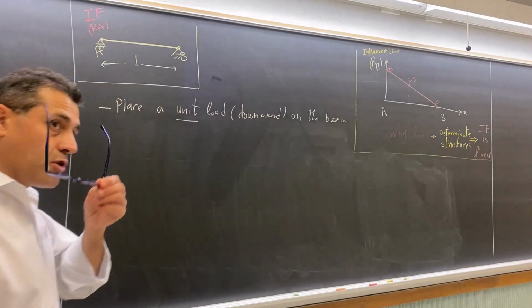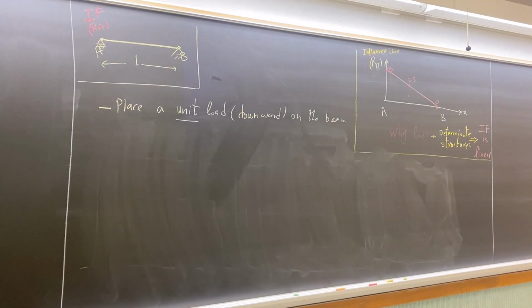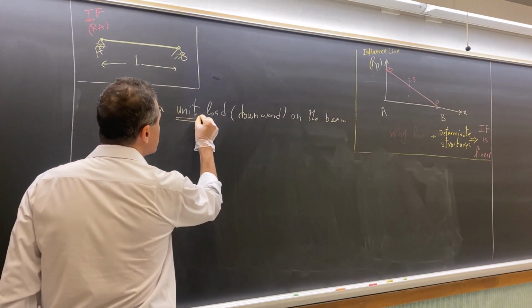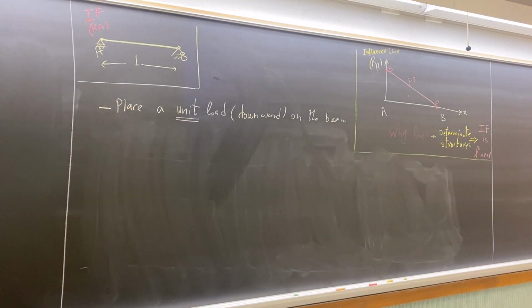So if you have the diagram for a unit load, you multiply it by the self-weight of the beam, then you have the influence line for the beam. Or if the load is 1 ton or 10 ton, you just multiply it. This is the reason we use a unit load, because you can multiply by any value later. So this is the procedure.